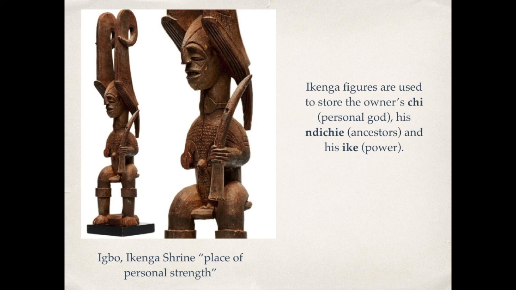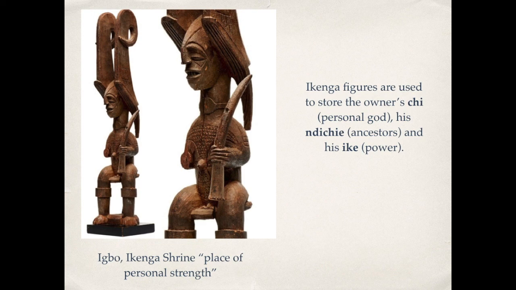It is there for not only their personal strength, but their personal god, Chi, and the Ndichi, the ancestors, and Ike, power. All these things are represented through this figure and that is present in the shrine. It is a shrine that is dedicated to the right hand of the owner.